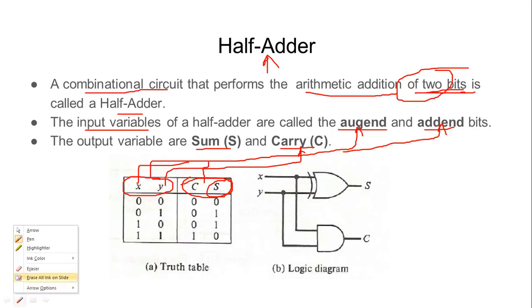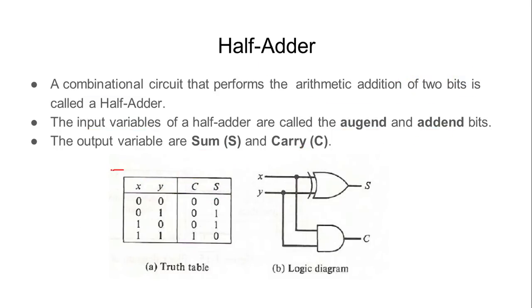So let's discuss its truth table first, because any logic circuit diagram can be drawn only with the truth table. Whenever we have to work with any circuit, we always have to work with the truth table first. We should understand what will be the truth table of that particular circuit. Only then can we design a logic circuit diagram.